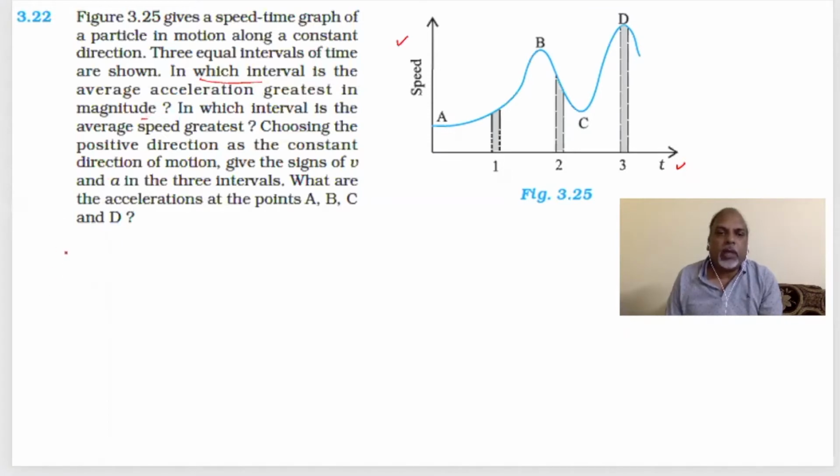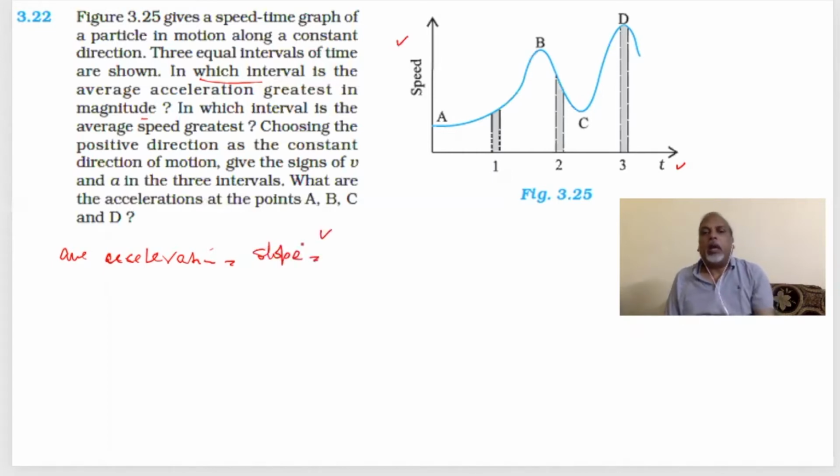Now, average acceleration, you know, in the speed-time graph it is the slope of the graph which tells about average acceleration, that is dv upon dt.